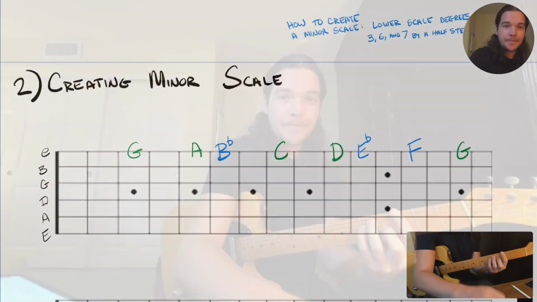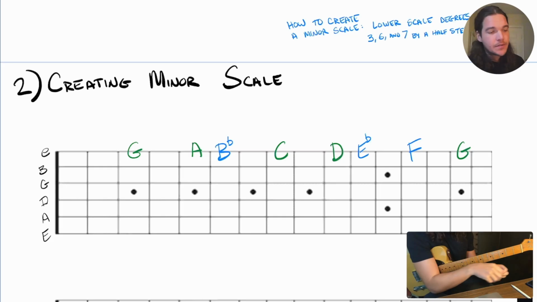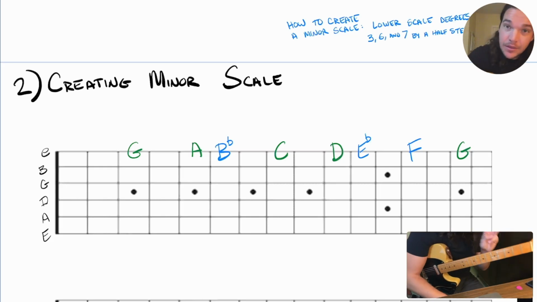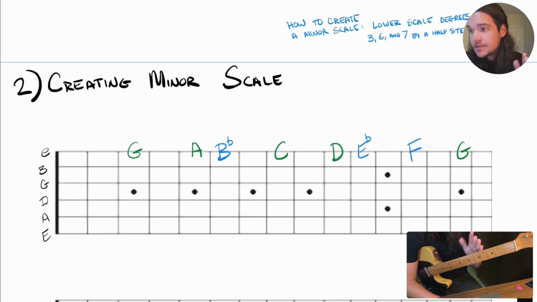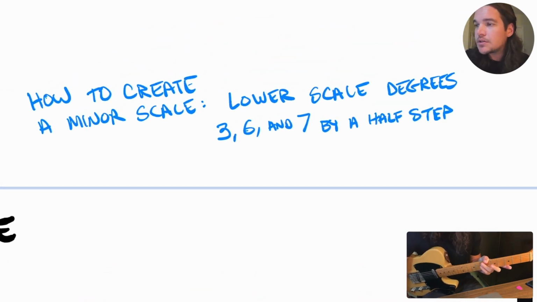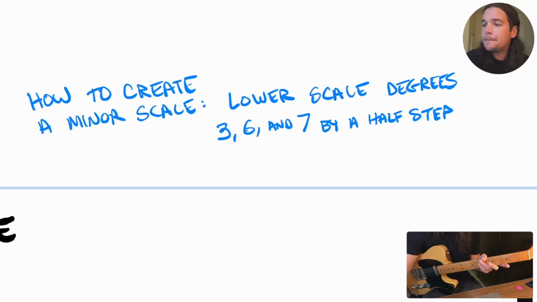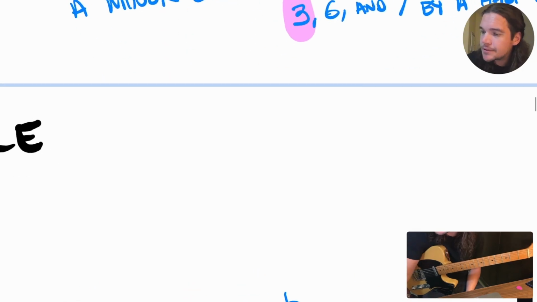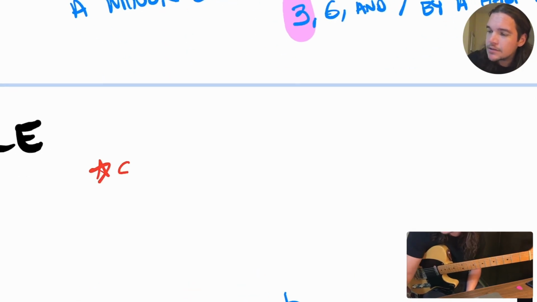Very, very good. Okay, I want to press upon us one more time that even though we're changing the 3 scale degrees, the most important one that we're changing is the third. So I'm going to write this in red because it's super, super important. I'm going to do a little asterisk thing, or just a star.